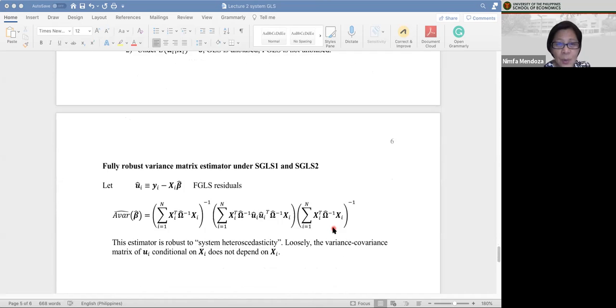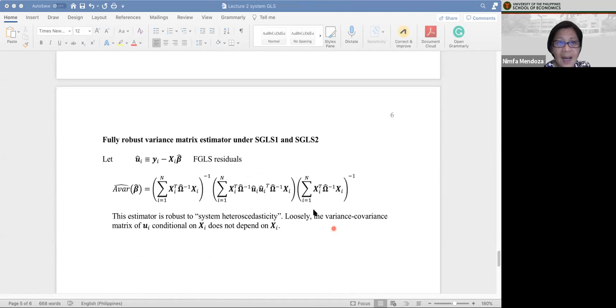Then we have the fully robust variance matrix estimator under the two assumptions for SGLS. Here you get the FGLS residuals, U sub I hat, and then this would be your estimator for the variance covariance matrix of the FGLS estimator.